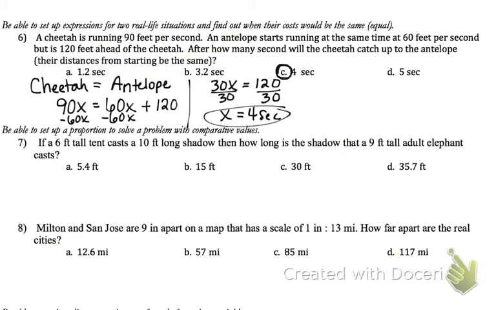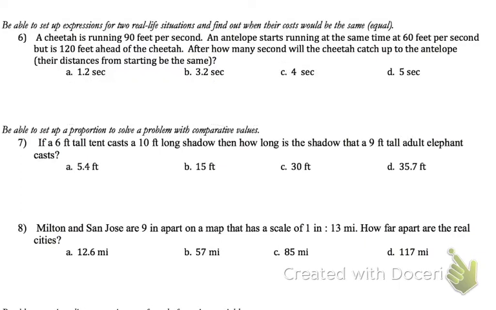If you didn't know how to do this problem and you wanted to use your answers to figure it out, you could say, okay, after 1.2 seconds, the cheetah has gone 108 feet. All right, let's see how far the antelope has gone after 1.2 seconds.